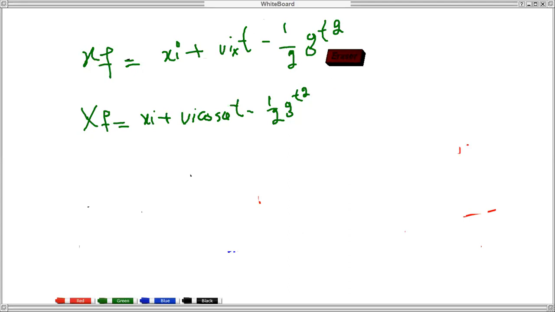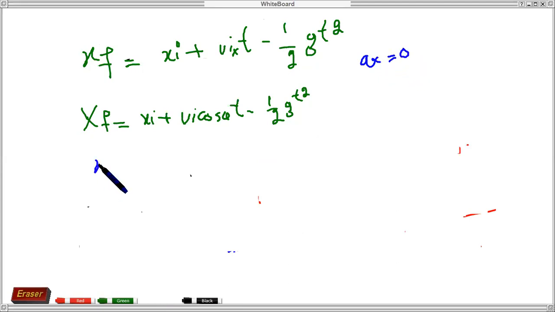Professor, I have a question. We don't have any gravity along the x-axis. Why do we take g there? Yes, it should not be there, thank you. So again, we have ax, and ax is equal to what? 0.